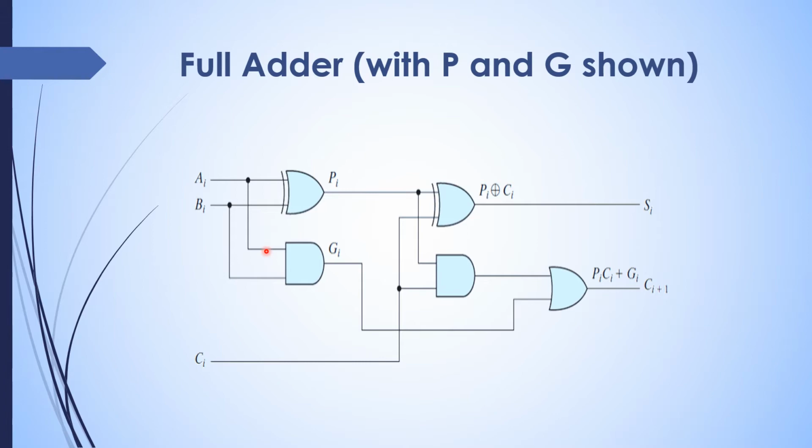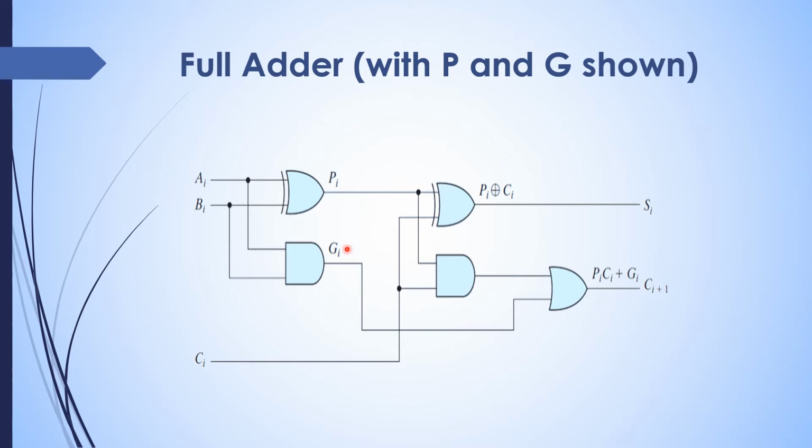The number of gate levels for the carry propagation can be found from the circuit of the full adder. The circuit is redrawn with different labels for our convenience. The input and output variables use the subscript i to denote a typical stage of the adder. The signals Pi and Gi settle to their steady state values after they propagate through their respective gates.